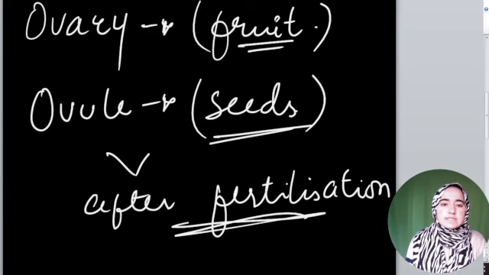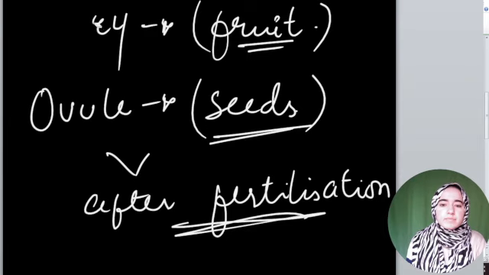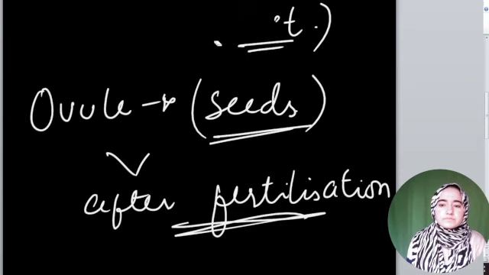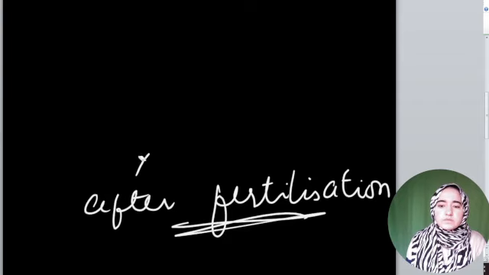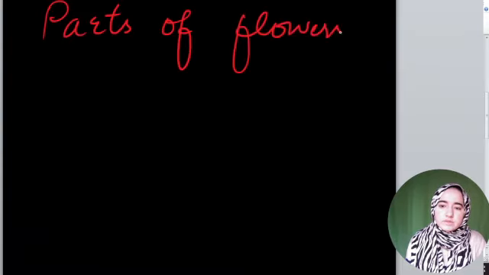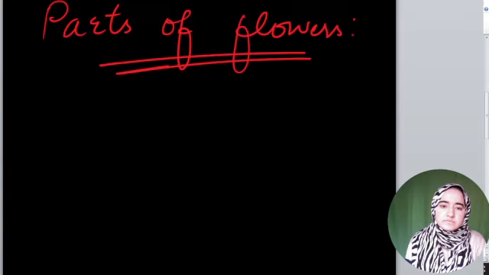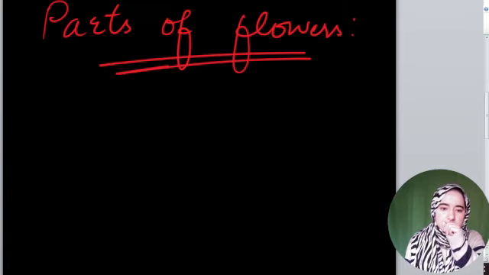Now we will see some parts of flowers. See, say for example, the flower is like this.